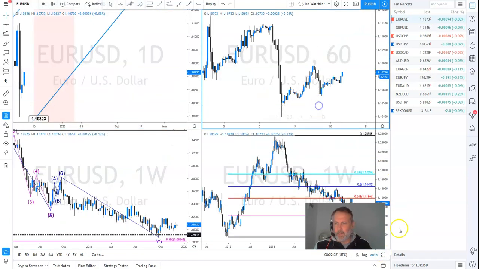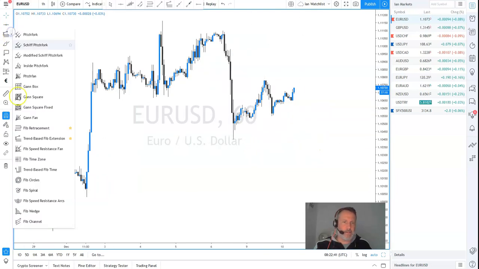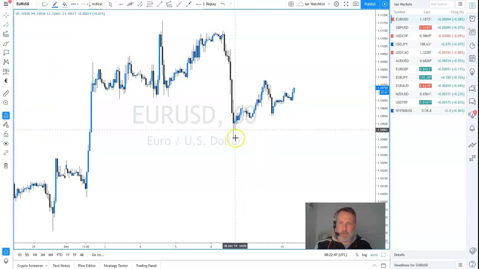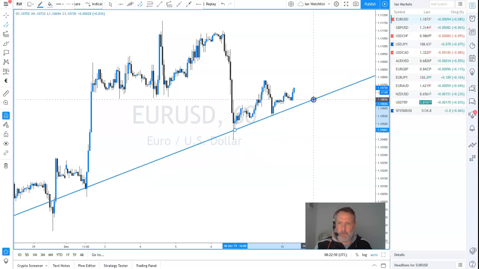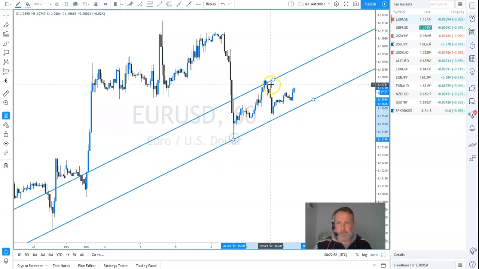Now if we go to this time frame, which is the hourly chart, we could quite easily just break out of this channel formation to move lower to reach that pivotal level.